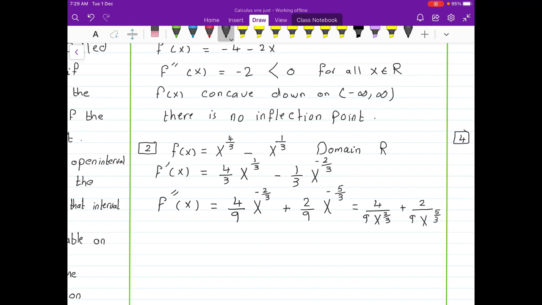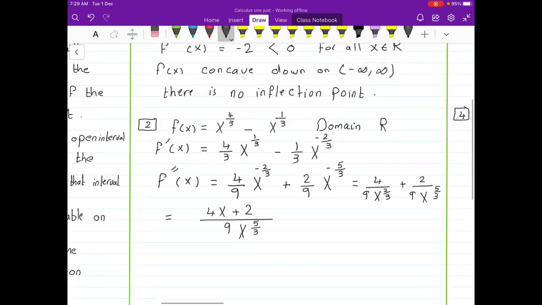Now we try to unify the denominators. So this is equivalent to taking the least common multiple between 9x to the power 2/3 and 9x to the power 5/3, which is 9x to the power 5/3. So we multiply the first factor by x, and we get (4x plus 2) over that.